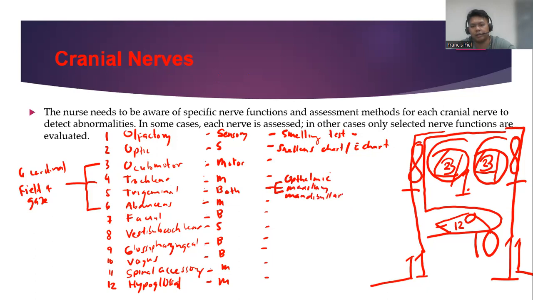Dito, sensory test. Then dito naman is clenching of the mouth sa mandibular. For the facial naman, you let the patient do facial expressions such as raising eyebrows, puffing cheeks, smiling, ganyan. So, those are the facial expressions.